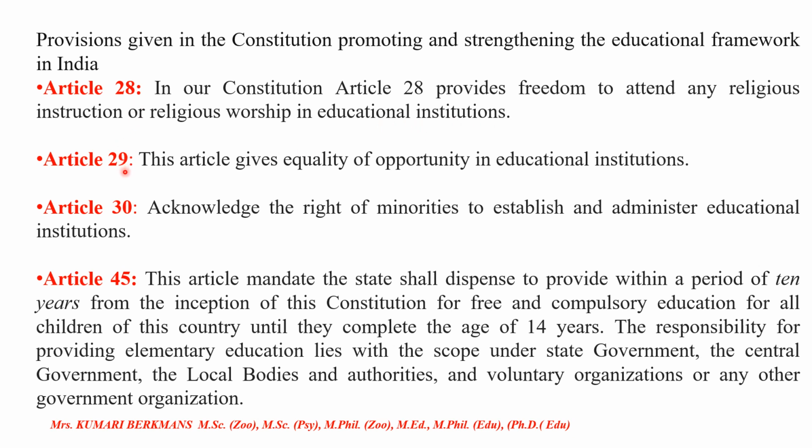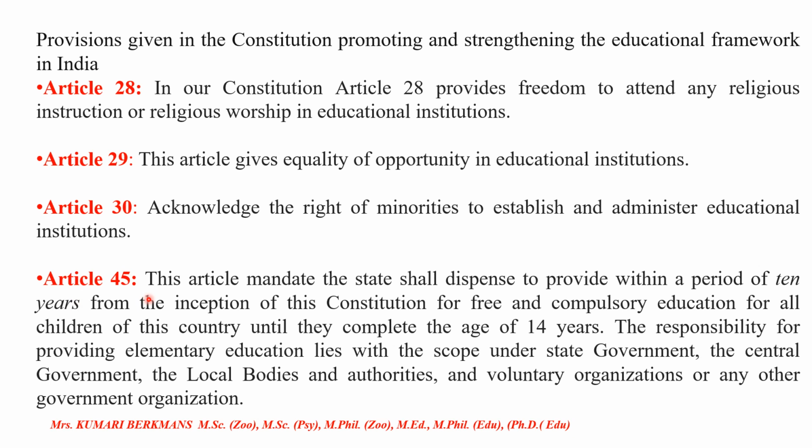Article 29 is equality of opportunity in education. Article 30 acknowledges the right of minorities, Christian minority, Muslim minority, all these, to establish and administer educational institutions. So the minorities can establish their own educational institutions and administer them.